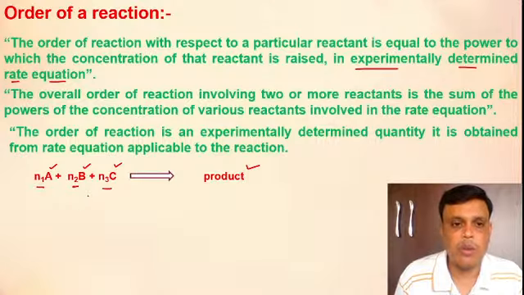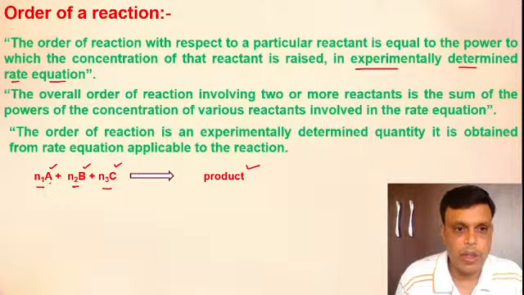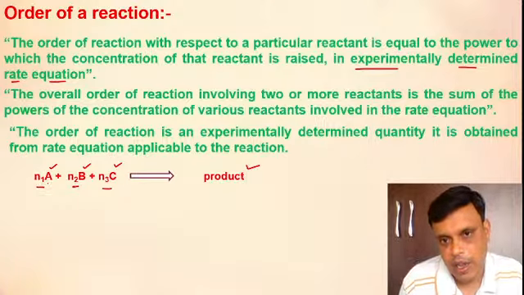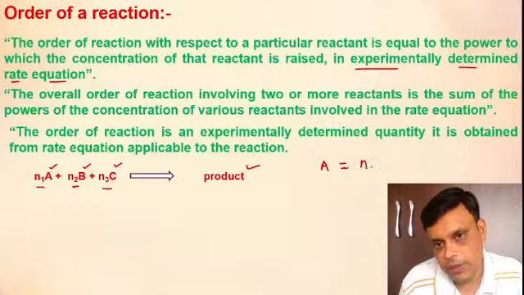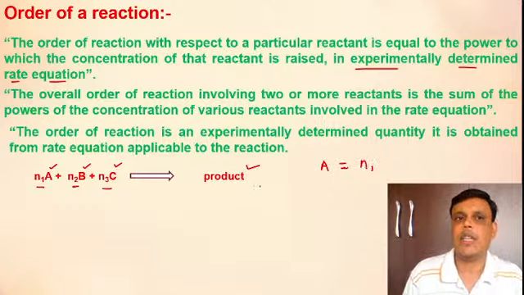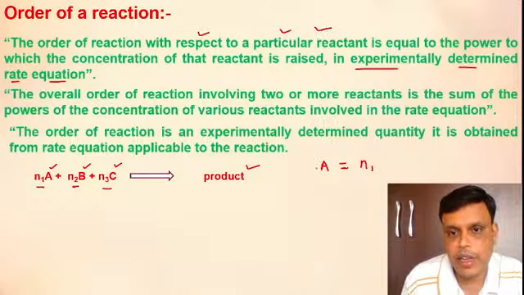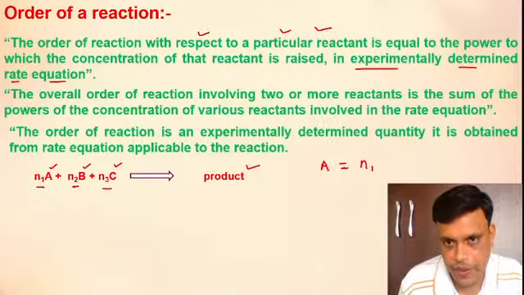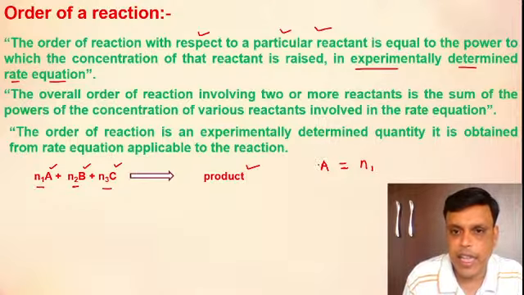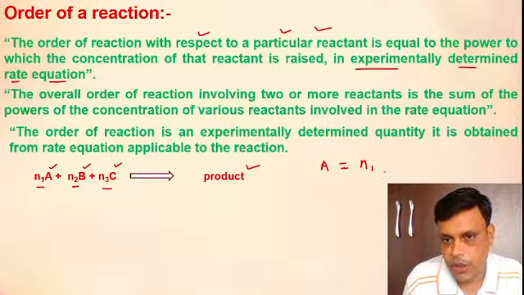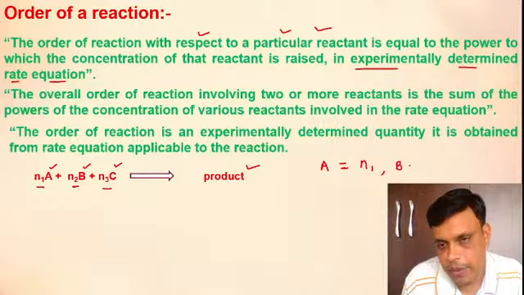So now I will write down the order of reaction with respect to reactant A. With respect to reactant A, order of reaction is n1. With respect to reactant B, order of reaction is n2.